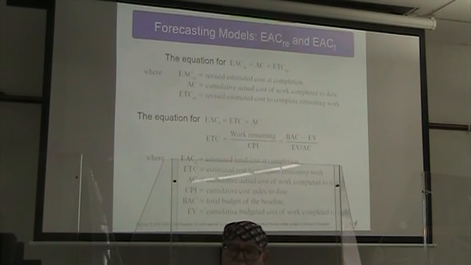To calculate our estimated total cost at completion forecast, we're going to say this is our estimated cost to complete the remaining work plus the actual cost.